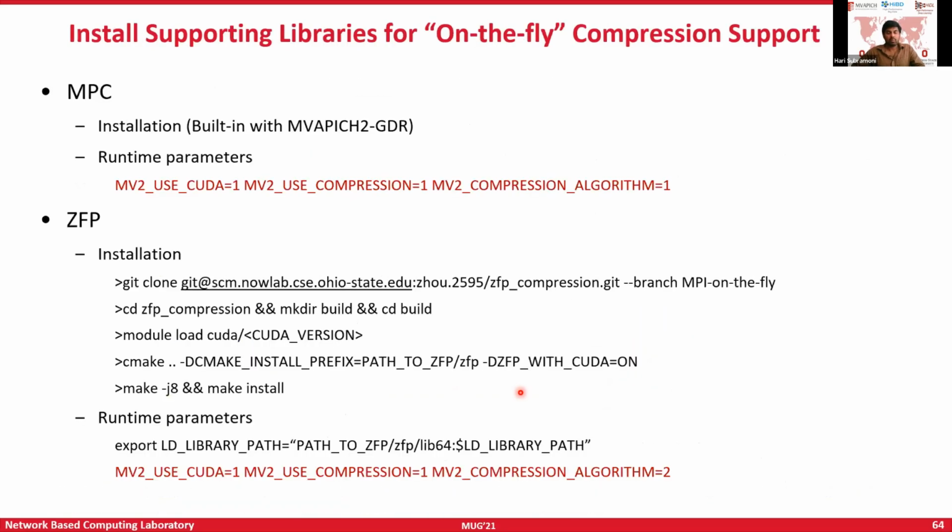What we did was we tried to use existing GPU-based compression libraries like MPC and ZFP, and attempted to integrate them into a communication runtime like MVAPICH2-GDR and provide seamless, on-the-fly compression capabilities to end applications, so that we are able to shrink or compress the data that is being transmitted on the fly without sacrificing correctness.